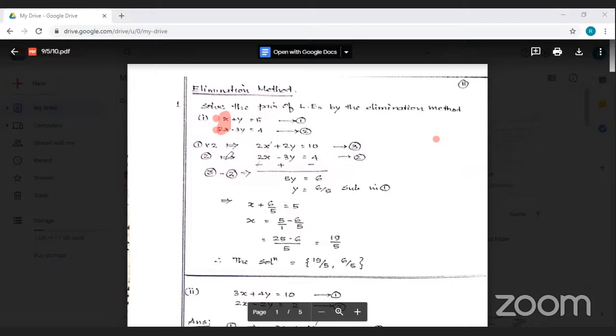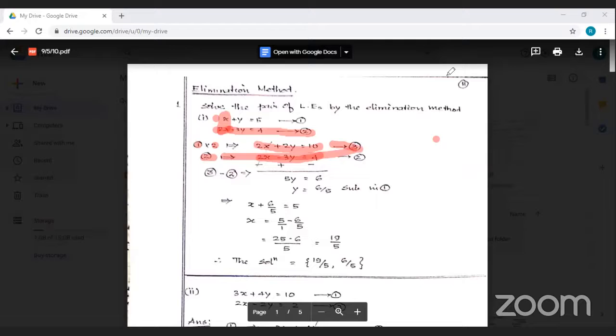By multiplying equation 1 by 2, it will be 2x plus 2y equal to 10. Then we make it the third equation. Any doubt? No doubt, sir. As 2x is already available in the second equation, I am not doing anything. Multiply by 1 only. Therefore, the same equation will be written.